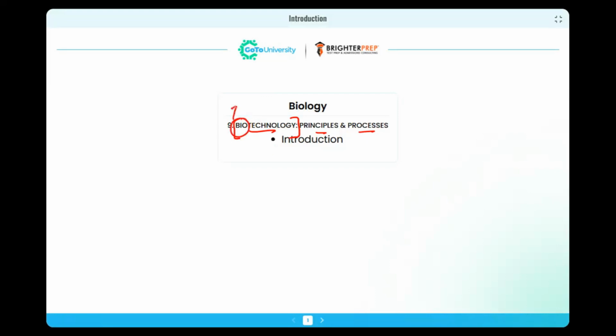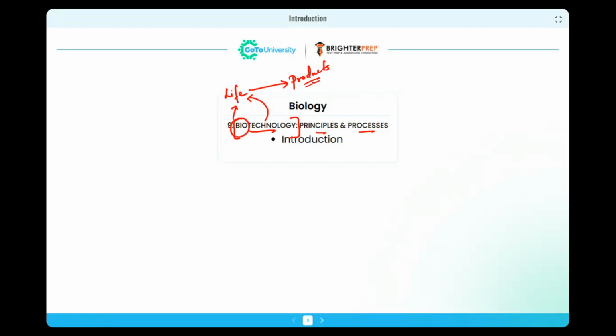Bio refers to life or living organisms or their parts like cell or enzymes to create products and solve problems. We are using technology in living organism to produce some products. It could be something like enzymes, or like synthetically we are producing some enzymes, or we are solving some problems, or we are commercially producing some products, etc.